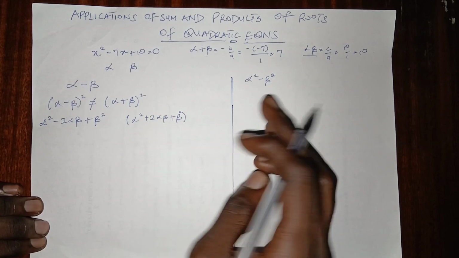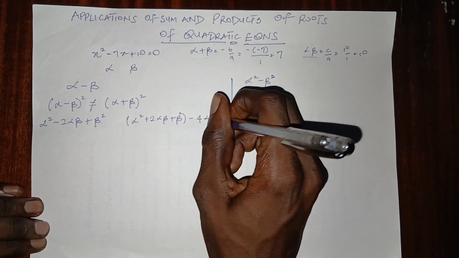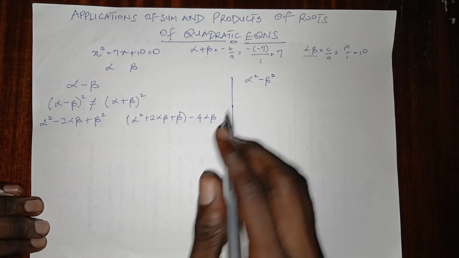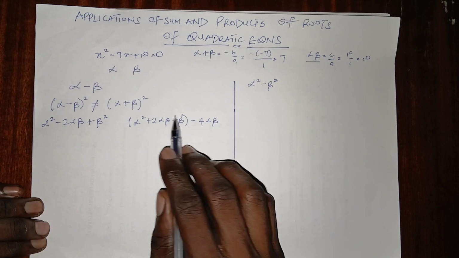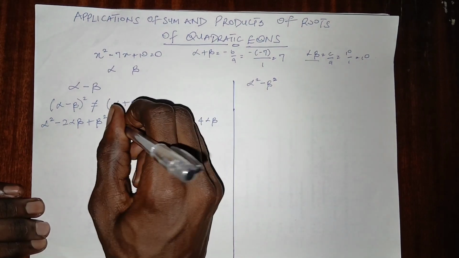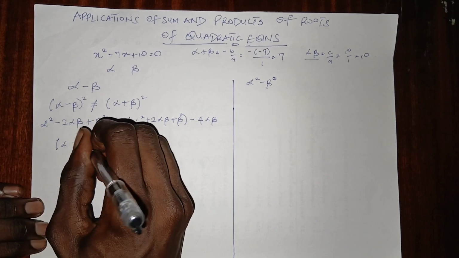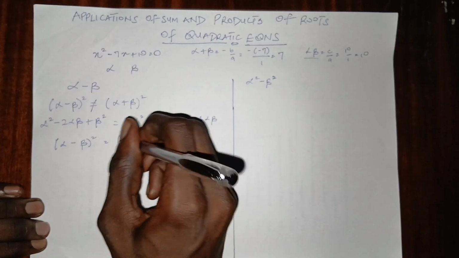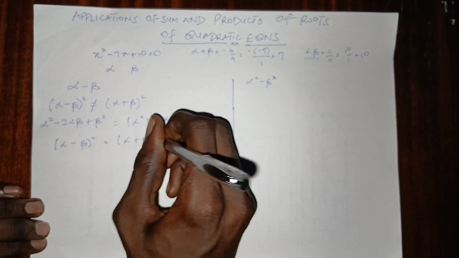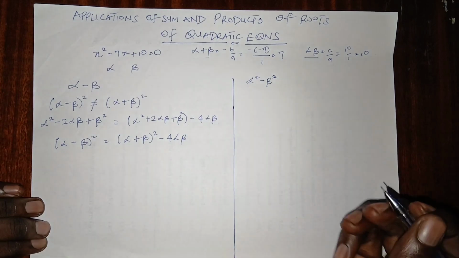That's how we get our alpha plus beta squared. But here we'll substitute minus 4 alpha beta. After taking out these two, these two replace it, so we can now see these two are equal to each other. So alpha minus beta squared is equal to alpha plus beta squared minus 4 alpha beta.